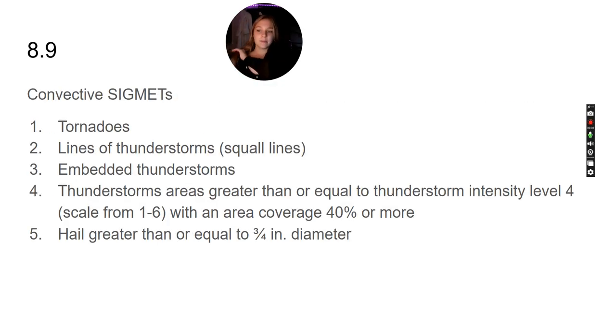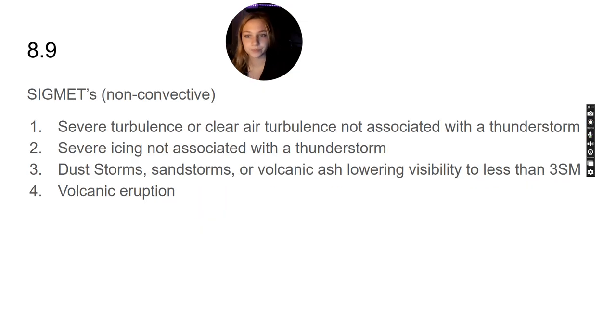Convective SIGMETs will have tornadoes, lines of thunderstorms, like squall lines, embedded thunderstorms, thunderstorm areas greater than or equal to thunderstorm intensity level 4, and apparently in aviation they rank it from 1 to 6, with an area coverage of 40% or more, and hail greater than or equal to 3/4 inches in diameter.